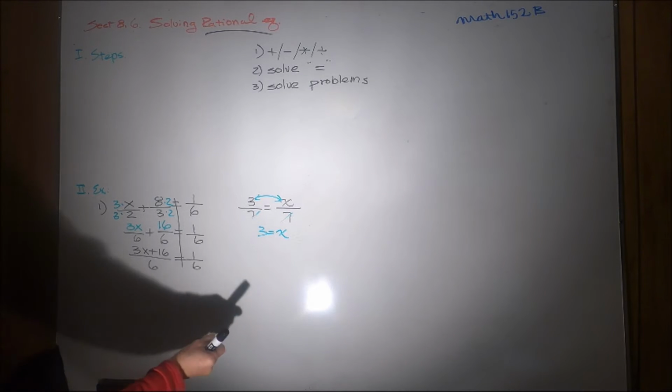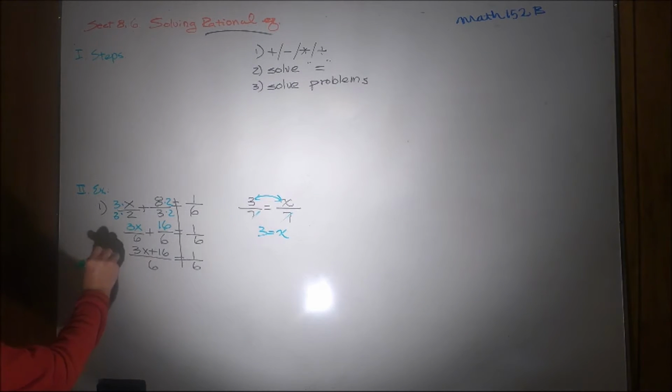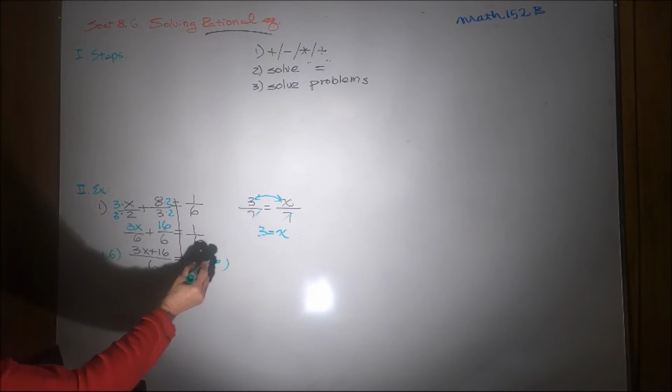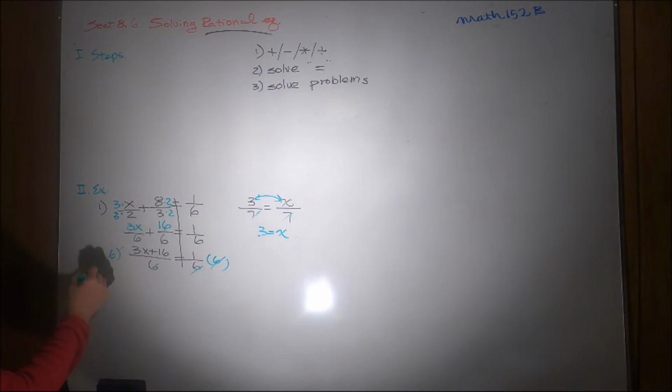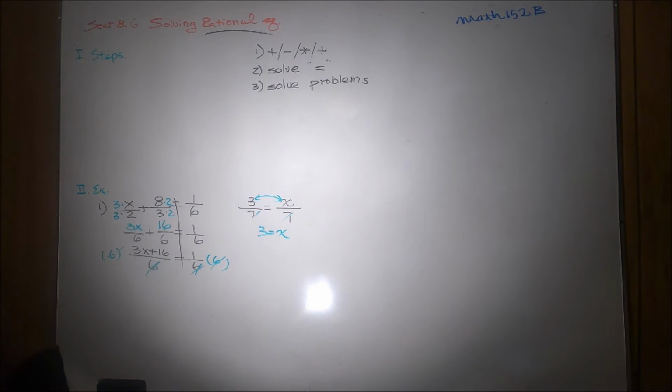So if both sides are in the simplest form you can have, you can just ignore the 6. It's the same thing as multiplying by 6 on each side, then you cancel out your 6. Or you can just directly cancel out the 6 in this case.